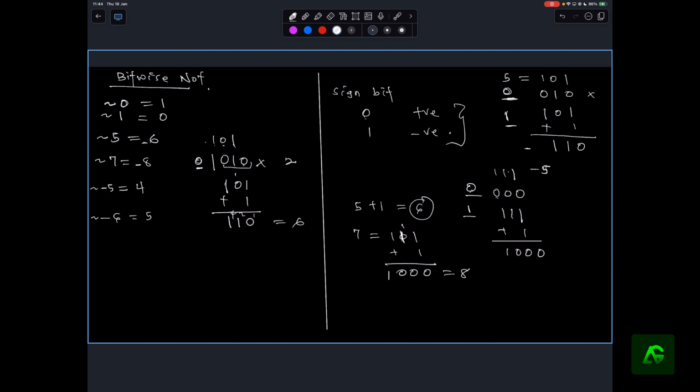We have 1, 0, 0, right? Is that all we have? Yes, sir. Then what are we going to do? We add 1. So we have 0, carry 1, that is 1, 0, right? When you convert, this one is 2 now. But our answer is 4.